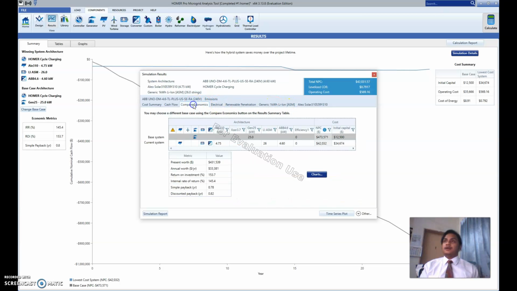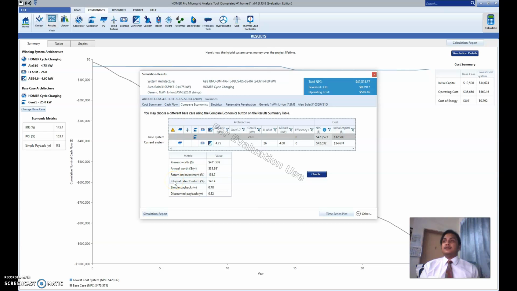In terms of comparing economics, we can see that it presents a present worth of $431,539. The annual worth is $33,381 per year. The return on investment is 153.7%.